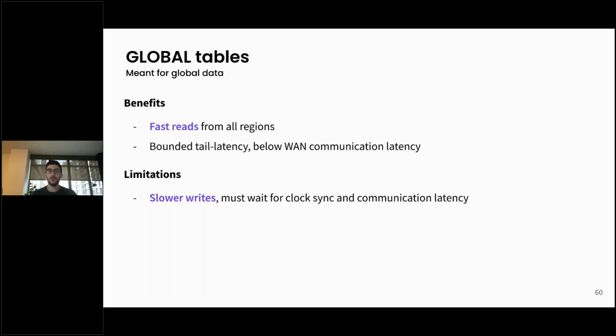This is all possible because we move communication outside of these read-write conflict boundaries on these global tables. So again, global tables maximize write latency to optimize read latency. This means that they're not a perfect fit in all cases, but they're an extremely important part of the puzzle for read-heavy data that does not have strong access locality.